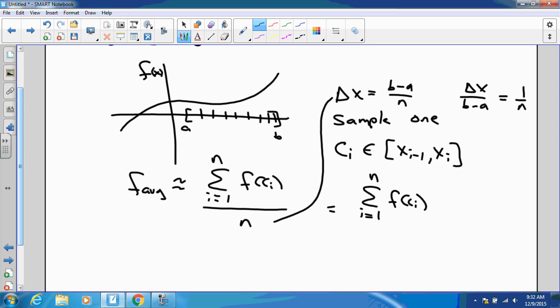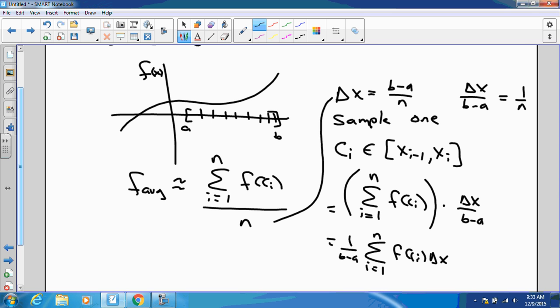So that times 1 over n is the same as times delta x over b minus a. And this is outside the sum, but because of some properties, I can distribute the delta x, and I'm going to pull the b minus a off to the side here, because now what I have is a genuine, straight-up Riemann sum.